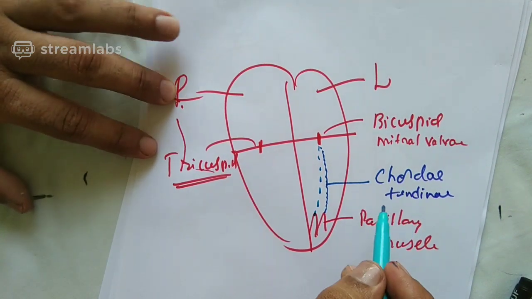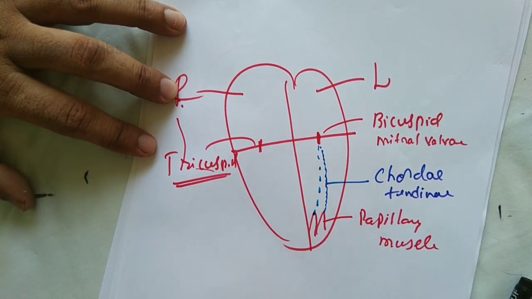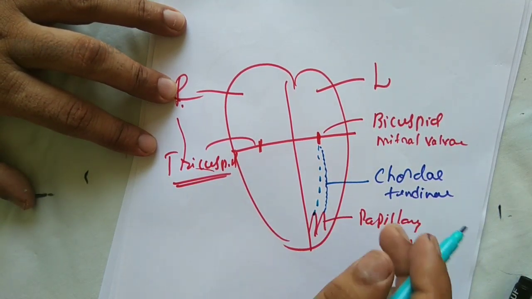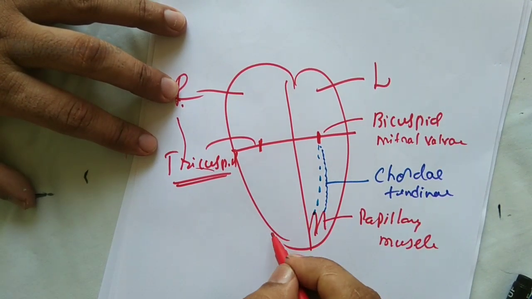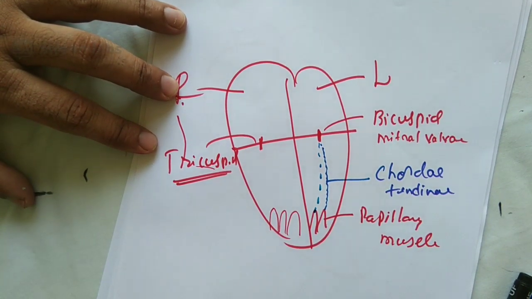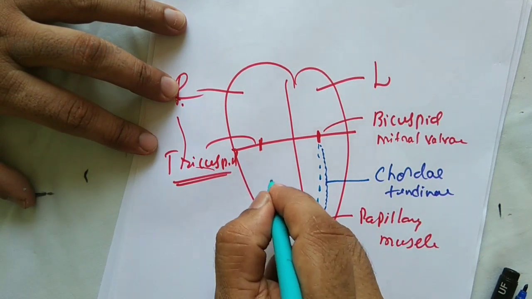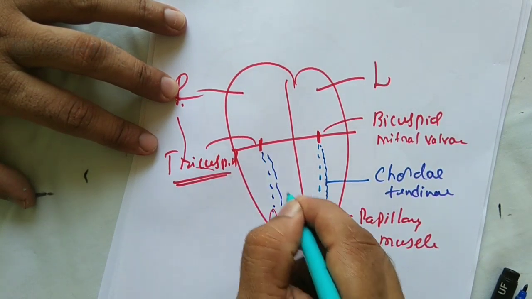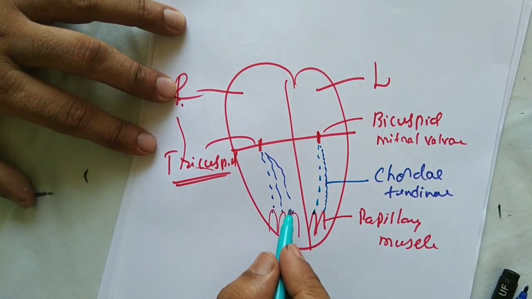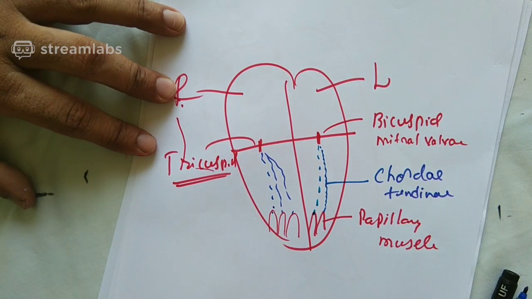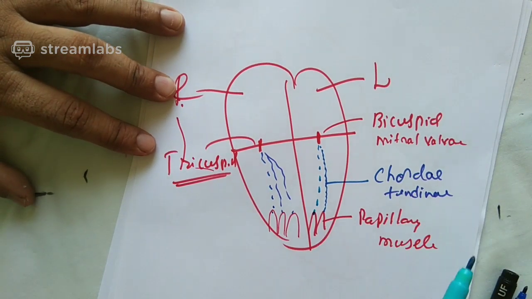Please remember, is chordae tendineae present in ventricles or atria? Yes, it is present in ventricles. Hope you understood. But when you come to here, I'm drawing papillary muscles and chordae tendineae 1, 2, 3. Reason? It's a tricuspid valve. And chordae tendineae here also is present in where? Ventricles. All of you see carefully here.